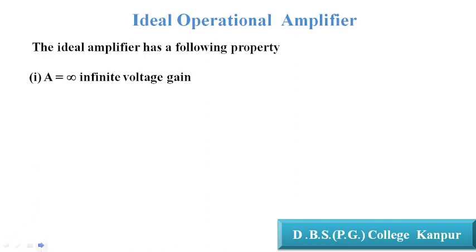This is your voltage gain, AV. AV is the voltage gain, and it is infinite. If you are talking about the current gain, it is zero for a voltage amplifier.